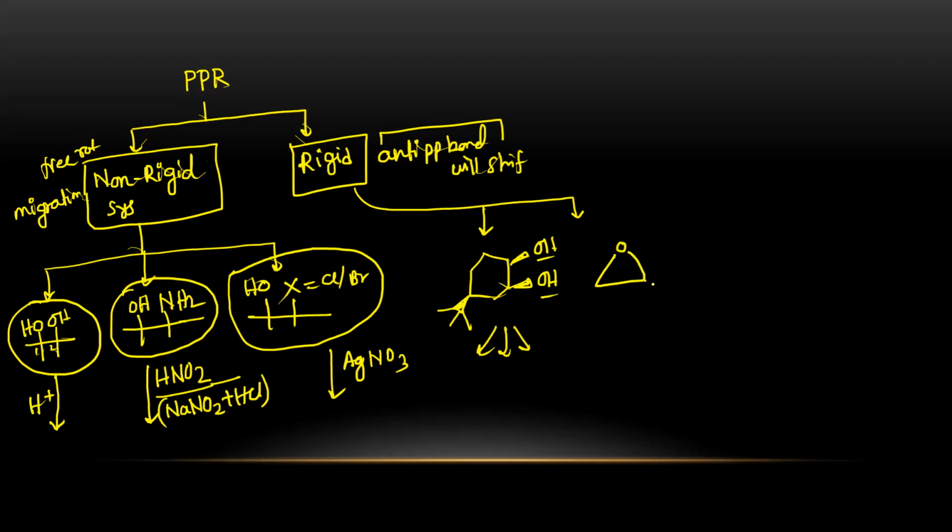The second type of substrate is an epoxide with one OH. This epoxide ring has an OH group on the alpha position, so it is an alpha-hydroxy epoxide. This substrate also gives Pinacol rearrangement on treatment with H+.